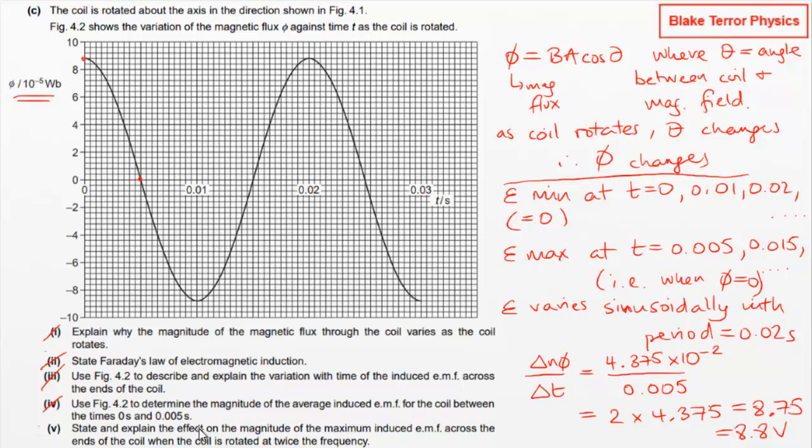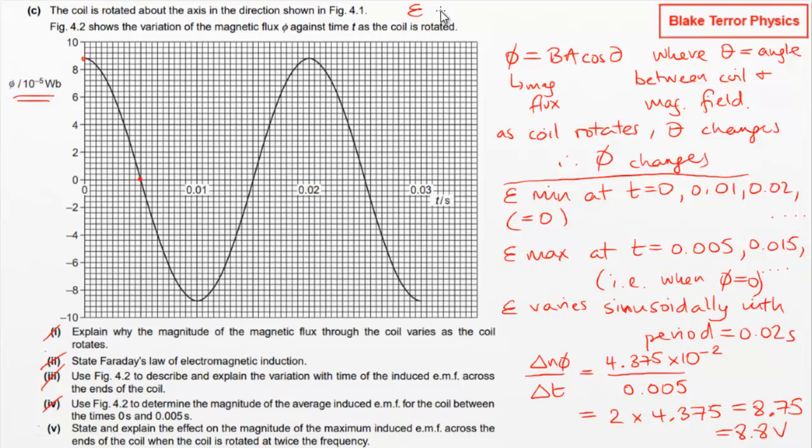State and explain the effect on the magnitude of the maximum induced EMF across the ends of the coil when the coil is rotated at twice the frequency. Right, so when we've got twice the frequency, let's just write it up the top here.